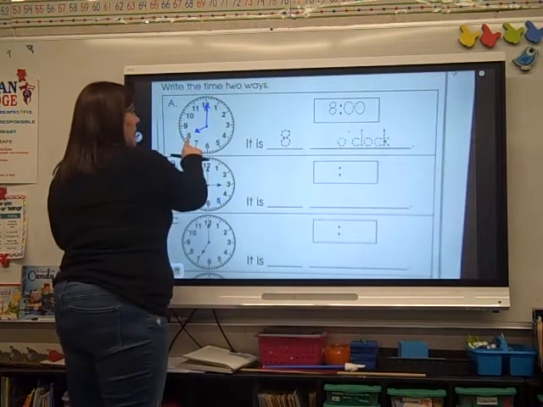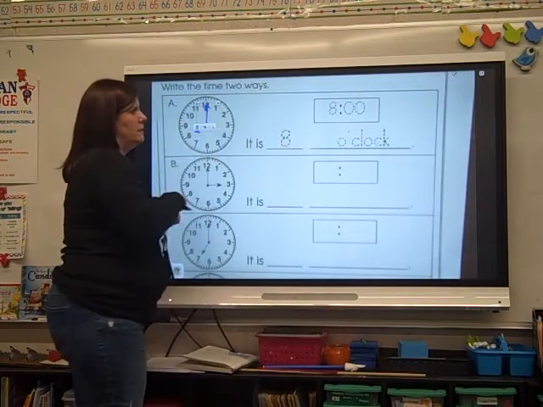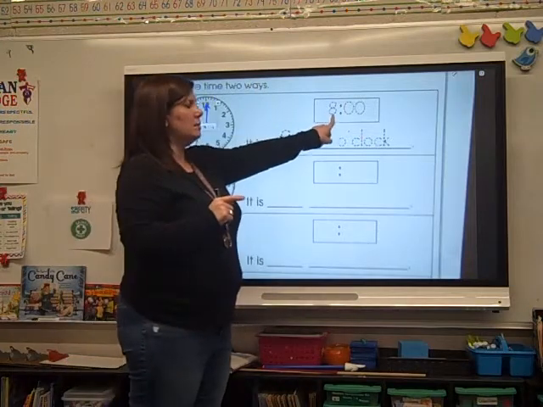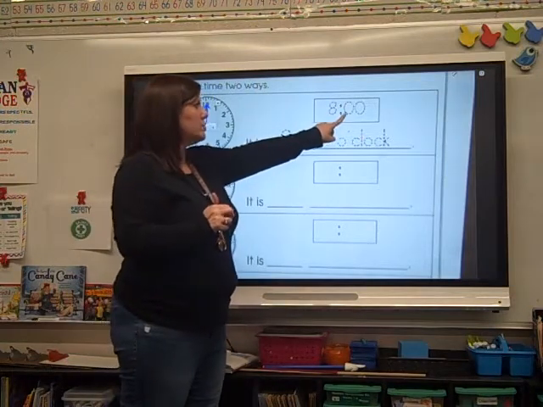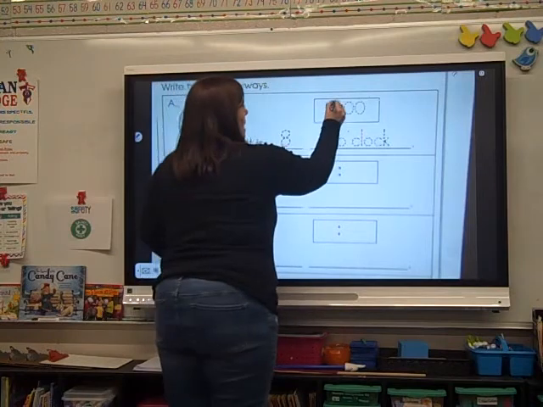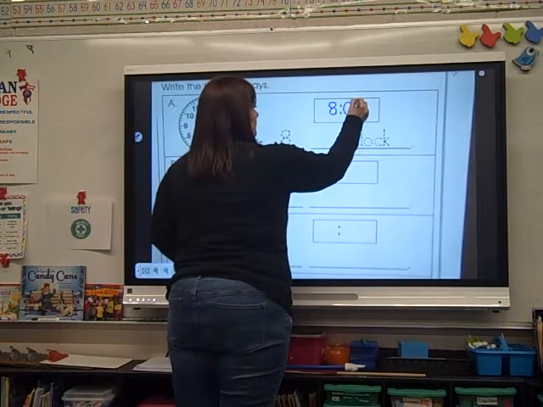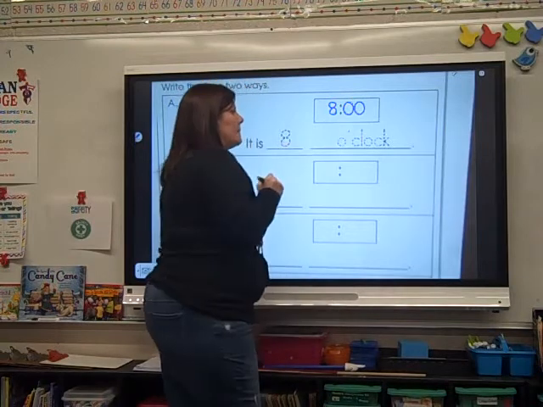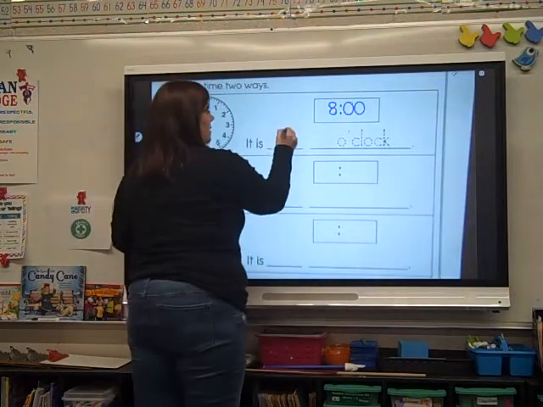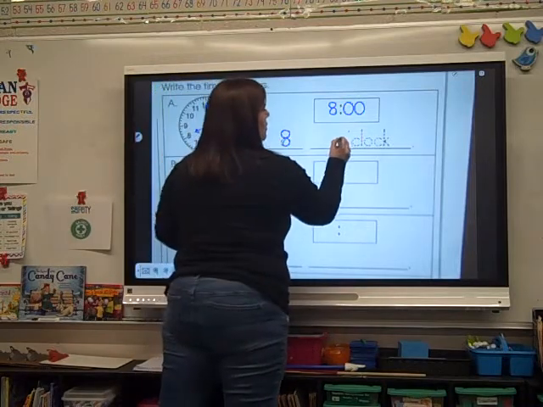So, it is 8 o'clock. And this is what it looks like with just numbers. 8 o'clock. And if you write it out in words, you write 8 o'clock.